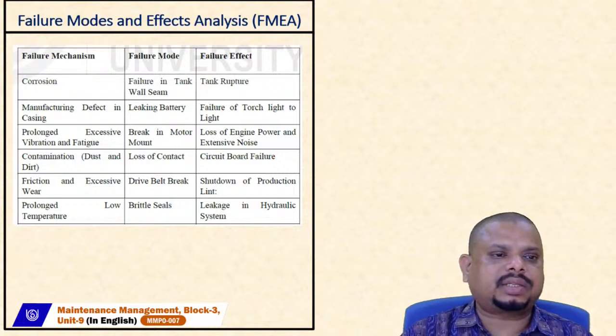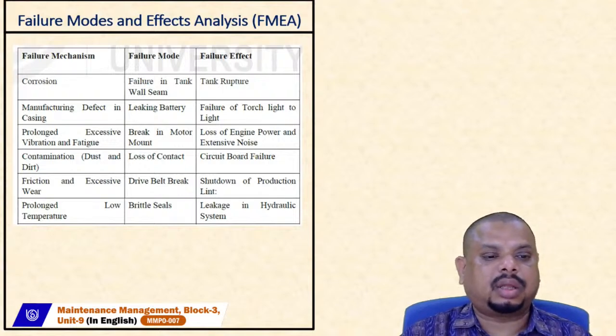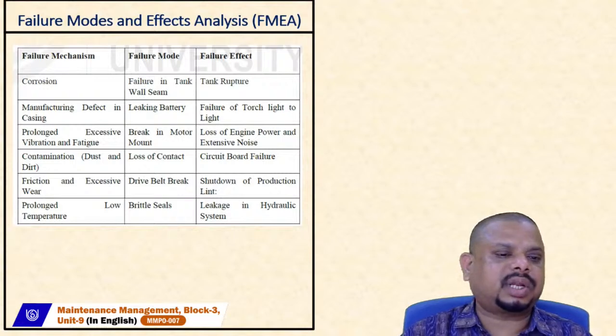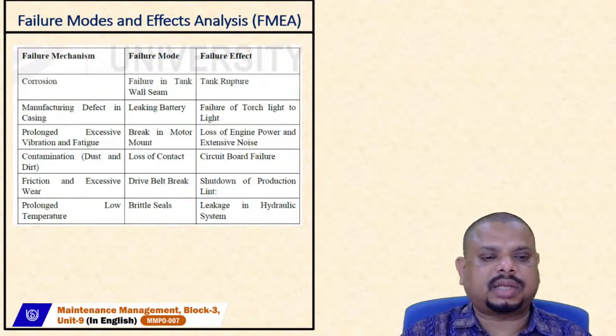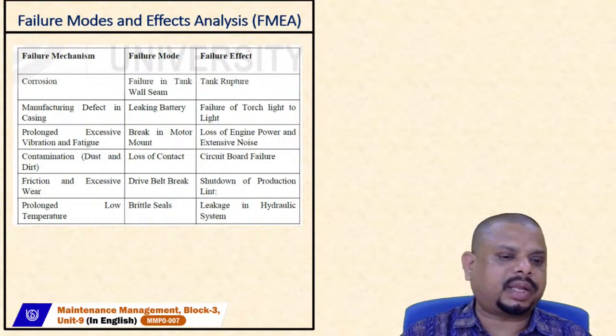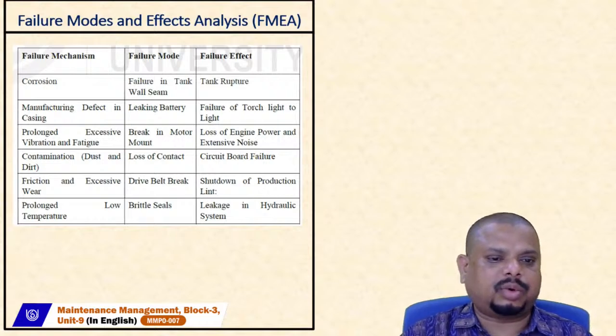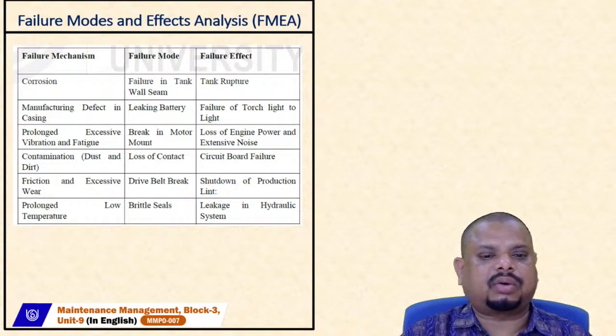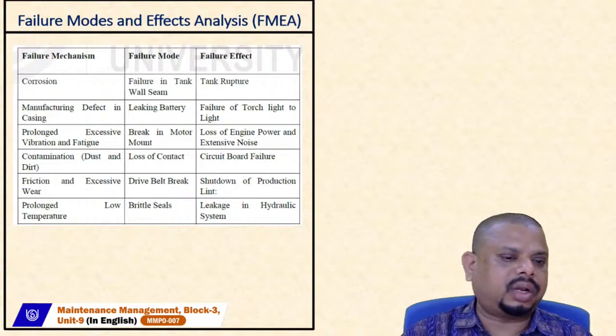The next failure mechanism is prolonged excessive vibration and fatigue. The failure mode is break in motor mounts, and the failure effect is loss of engine power and extensive noise. The next is contamination by dust and dirt. Here the failure mode is loss of contact, and the failure effect is circuit board failure. The next is friction and excessive wear, basically seen in mechanical drives. The failure mode is dry belt break, and the failure effect is shutdown of the production line or leak.